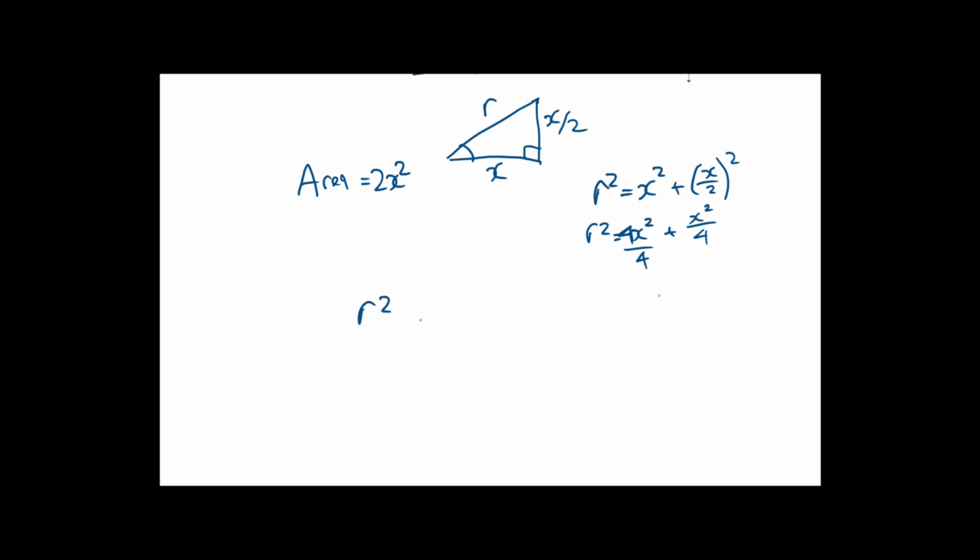So r squared is going to be equal to 4x squared over 4 plus x squared over 4, and that's going to be equal to 5x squared over 4. So that's good.